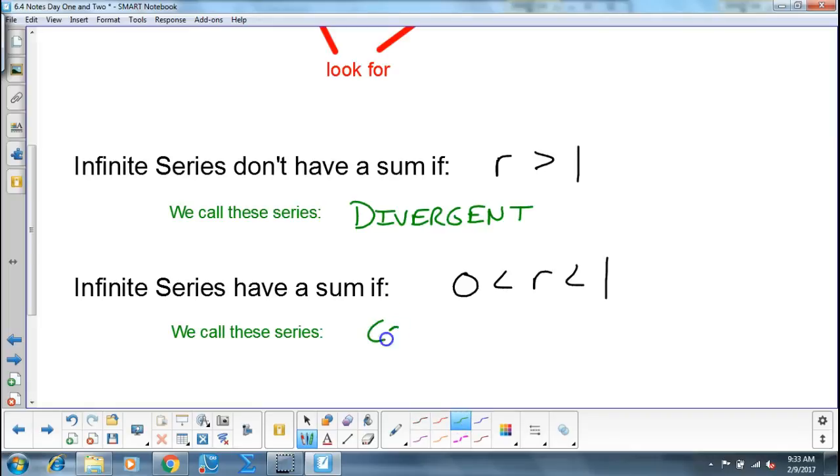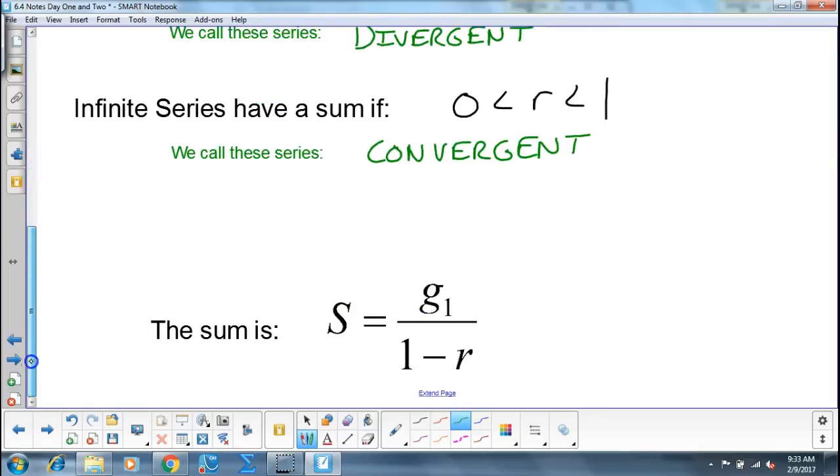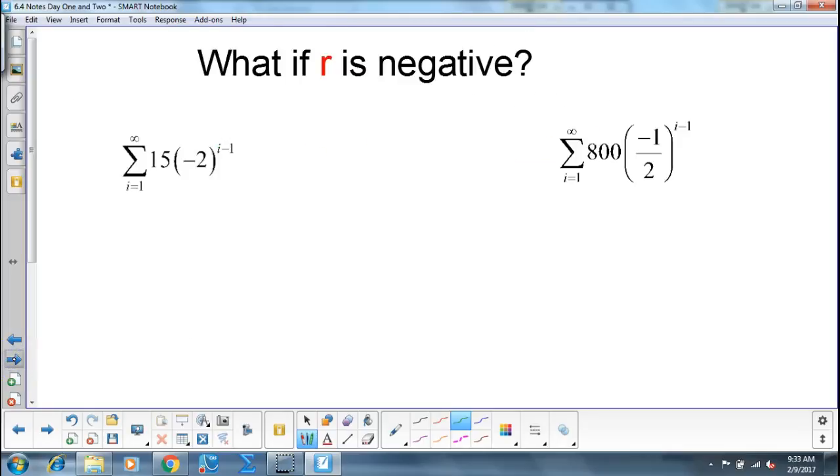Convergent. Okay. And our sum formula for an infinite series is the first term divided by 1 minus r.